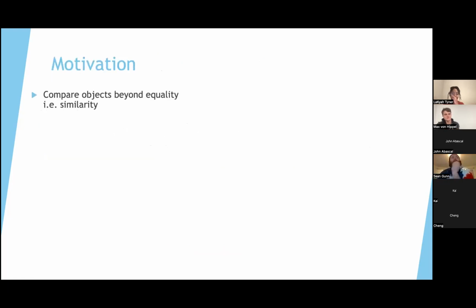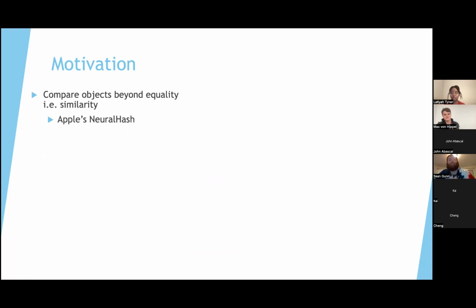Okay, so in the last slide, we talked a little bit about the equality predicate, but let's say we wanted to compare objects based on some other property of similarity that we define arbitrarily. So Apple attempted to do this with their NeuralHash algorithm.